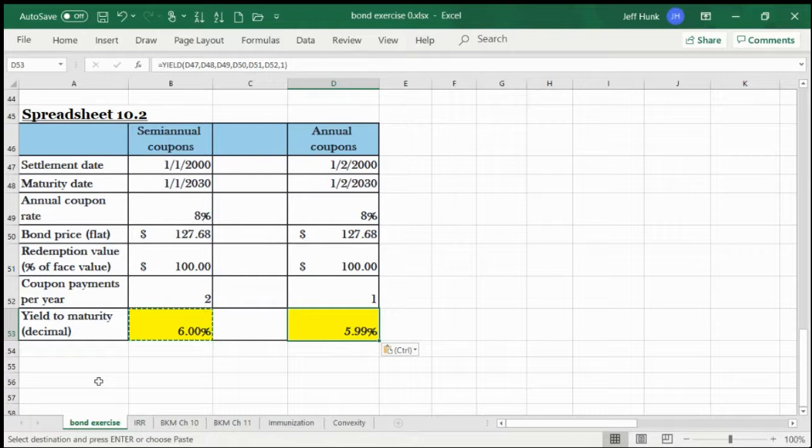The higher the compounding frequency, actually that should give you a slightly better yield. I mean, in the annual coupon case.